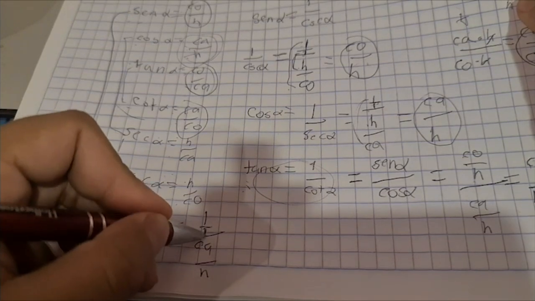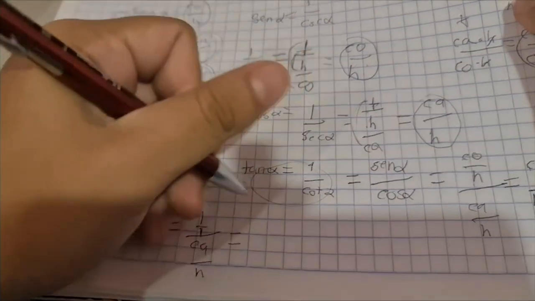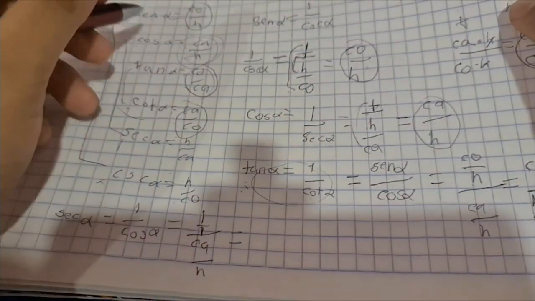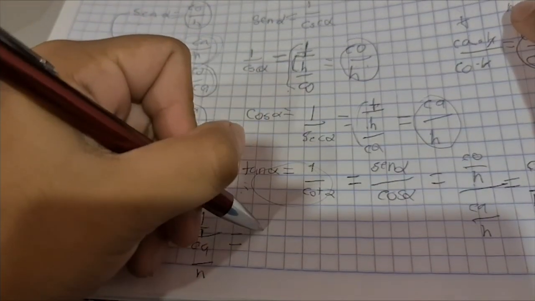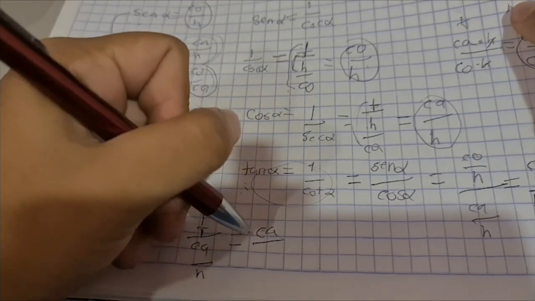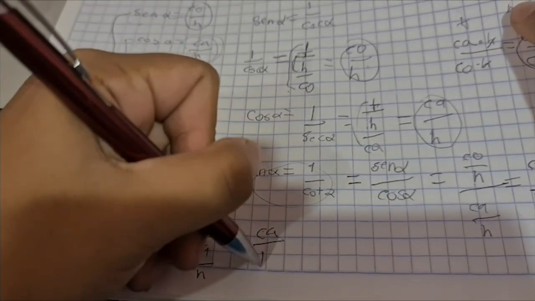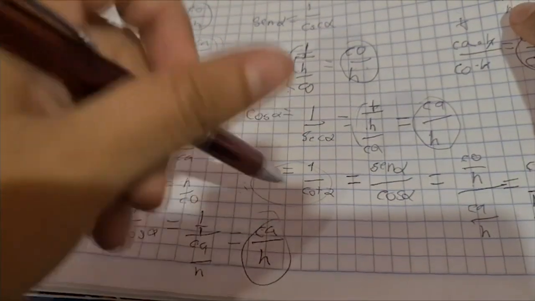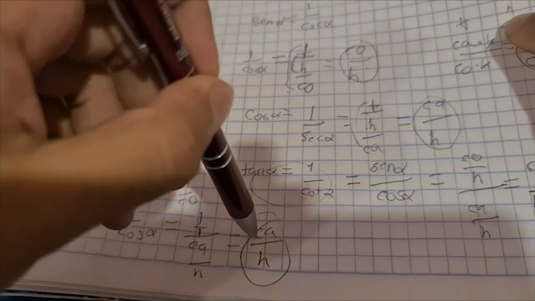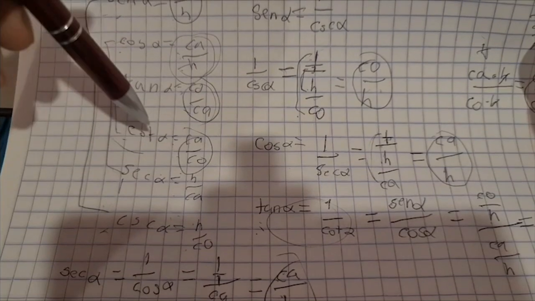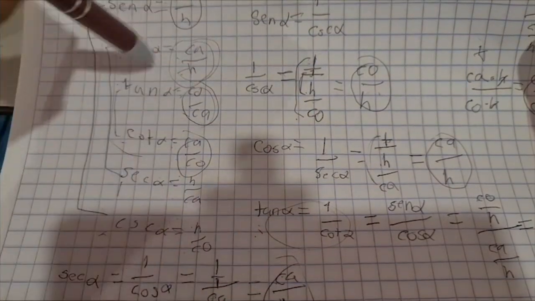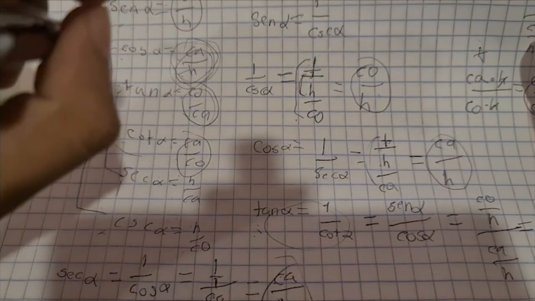We add 1 here to make the operations, and we have here that 1 by the adjacent leg is the adjacent leg, and 1 by the hypotenuse is the hypotenuse. So we have right here the result, and we can check and verify that it is the same.